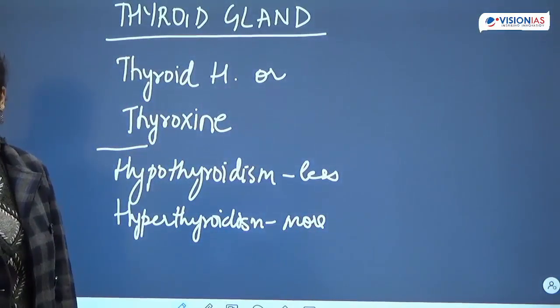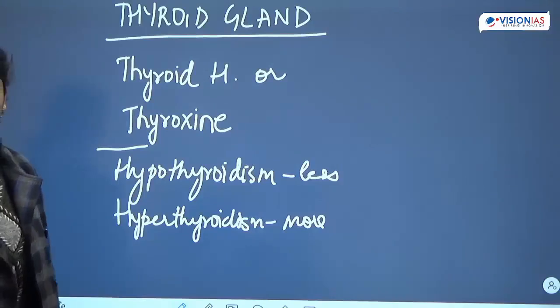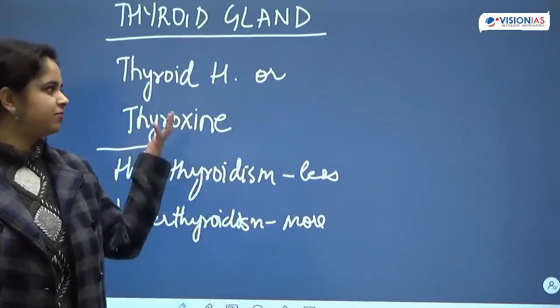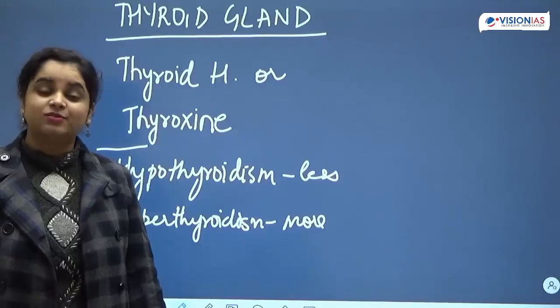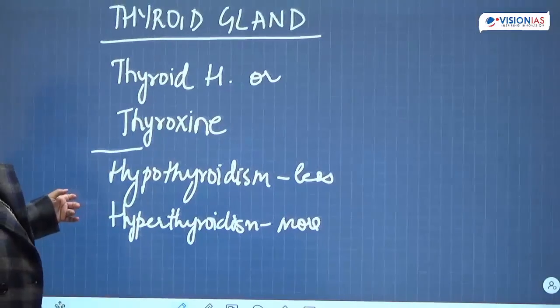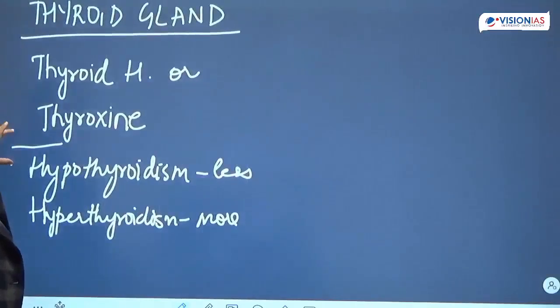Hypo and hyperthyroidism, not just thyroid. Saying the fact that I have thyroid doesn't make any sense, because everybody has thyroid, right? It's a gland which is an inherent part of your body. So you should know what is the kind of situation with the thyroid gland.